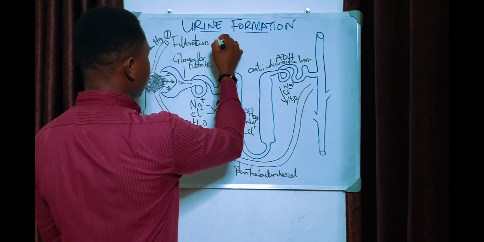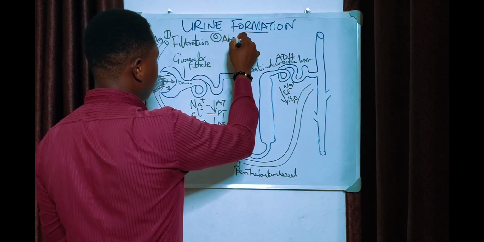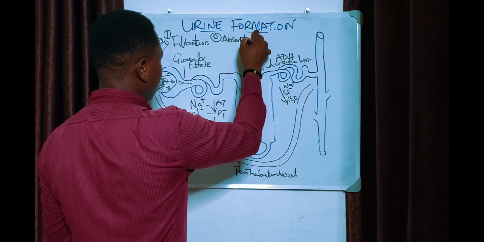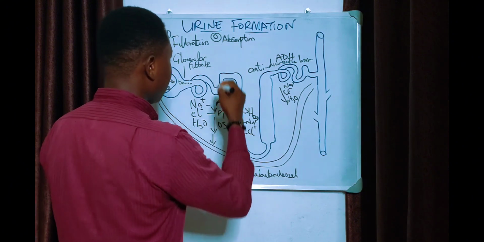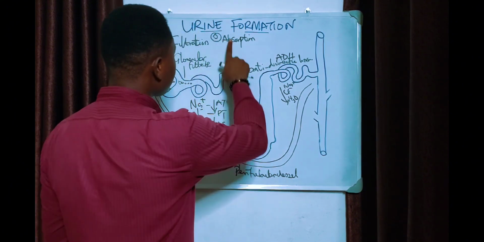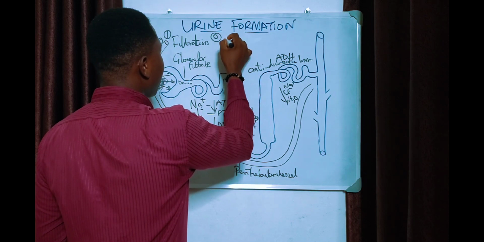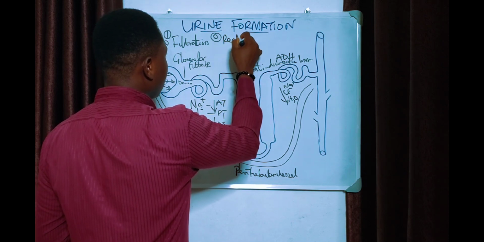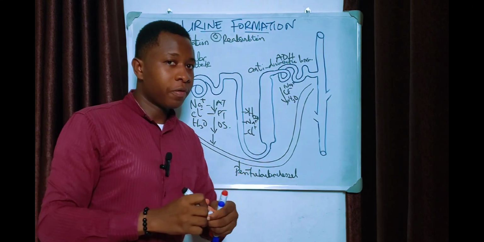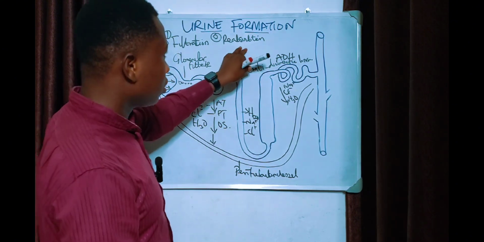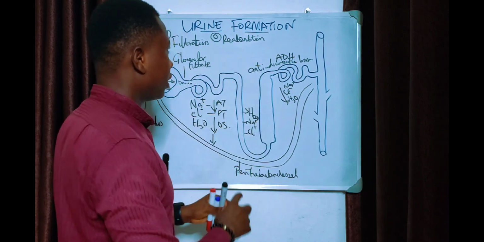So let's say step 2 is reabsorption. Some people may call it selective reabsorption, right? So that's the second stage in urine formation.